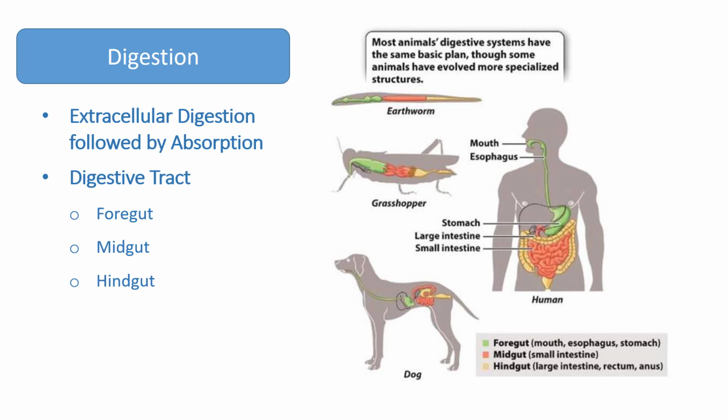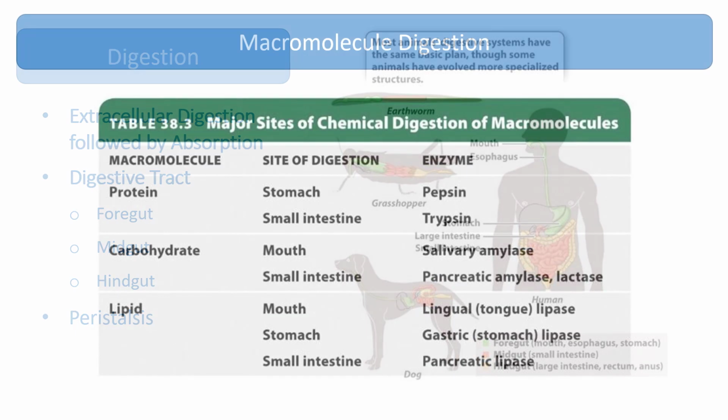Finally, the digested material reaches the hindgut, which includes the large intestine and rectum. Water and inorganic molecules are absorbed, leaving the waste products or feces, which are stored in the rectum until being eliminated from the body. Food and its breakdown products move through the gastrointestinal tract by peristalsis, waves of smooth muscle contraction and relaxation.